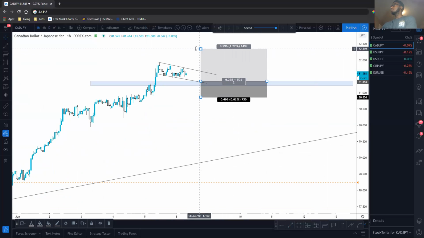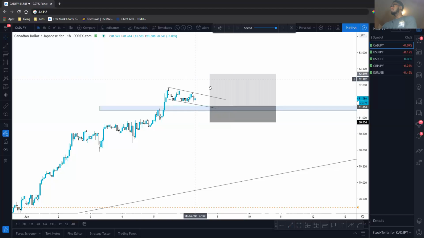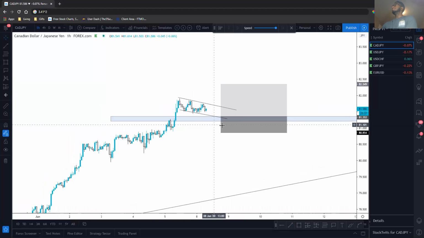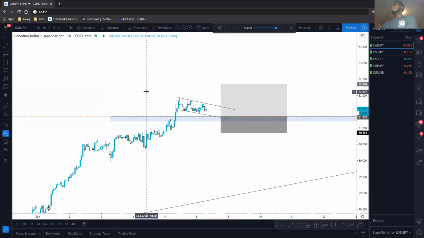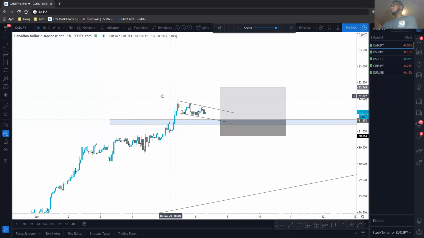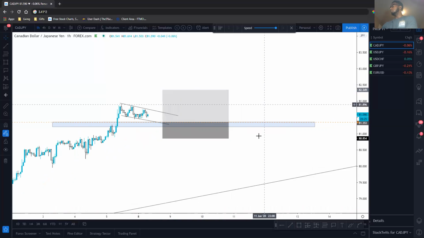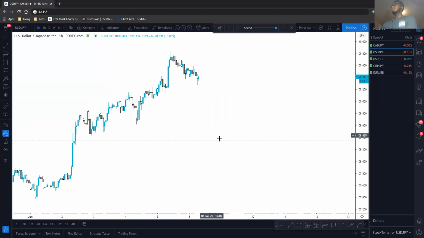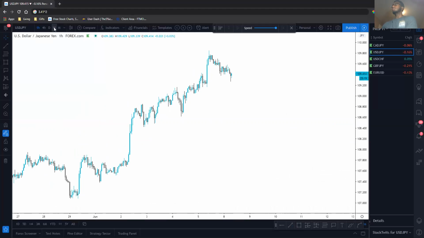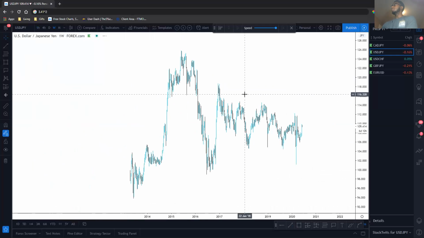And there's a 2-to-1. All right, so that's essentially all the confirmations. We're just waiting for price to correct down to here. And if you know about Fibonacci, go ahead, throw a fib on it and see what level that is. I won't do that on the call.